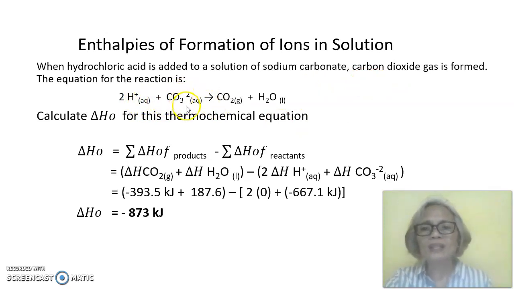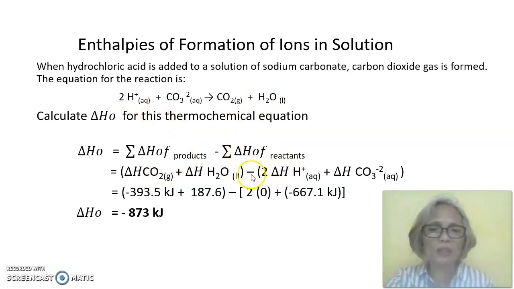What is delta H for this reaction? You just define the equation. Delta H is equal to the summation of delta H of formation of products minus reactants. Carbon dioxide is one of the products, as well as water, minus the summation of the reactants, which is hydrogen ion, 2 because there are 2 moles, and 1 mole of carbonate ion.